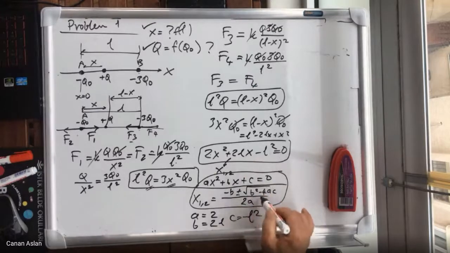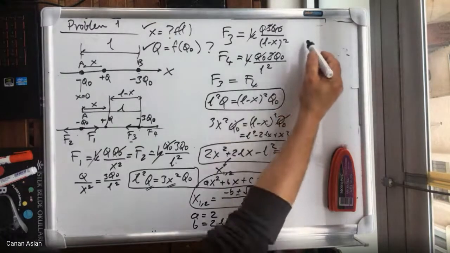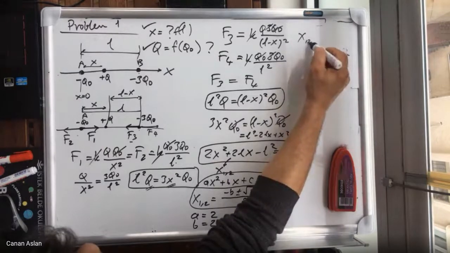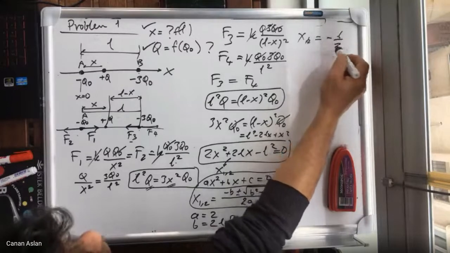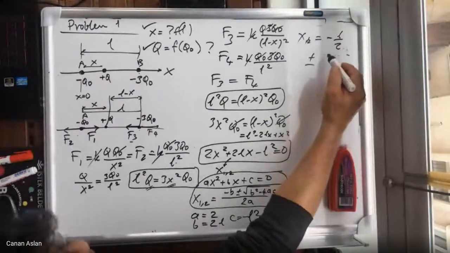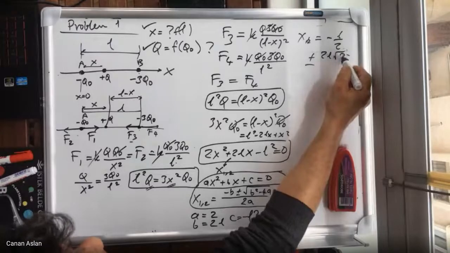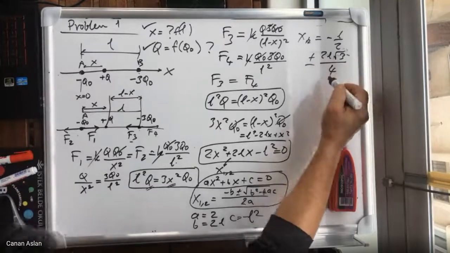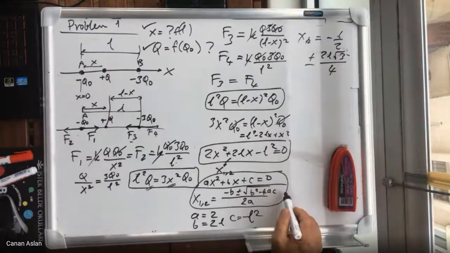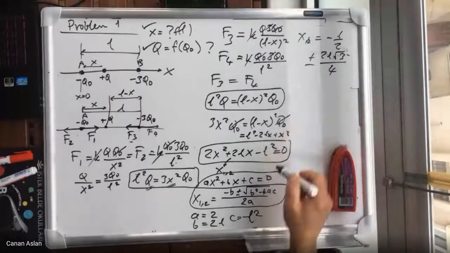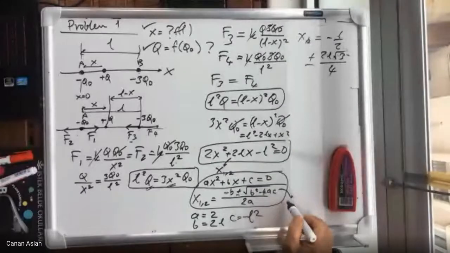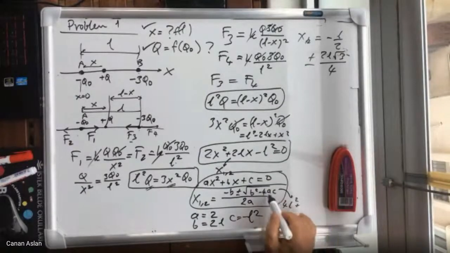If you put everything here, this is what you get. x1,2 will be given as minus L over 2 plus and minus 2L squared root of 3 divided by 4. How did we end up with square root of 3? Because the square root gave me this: 4L squared minus 4ac.